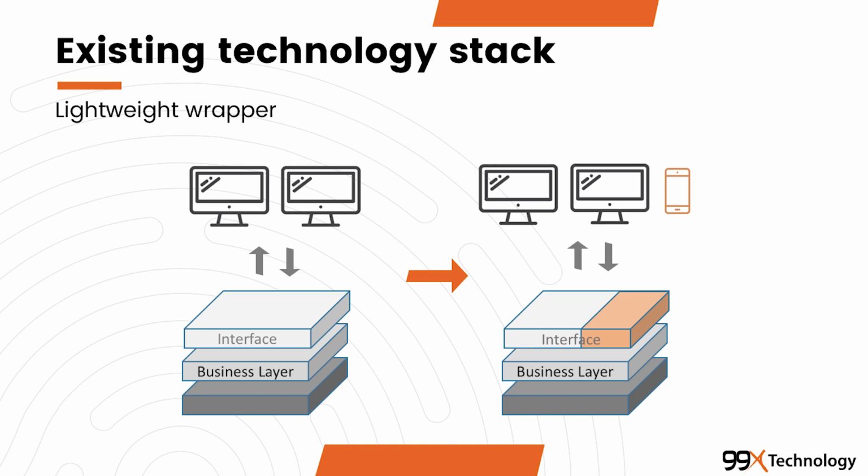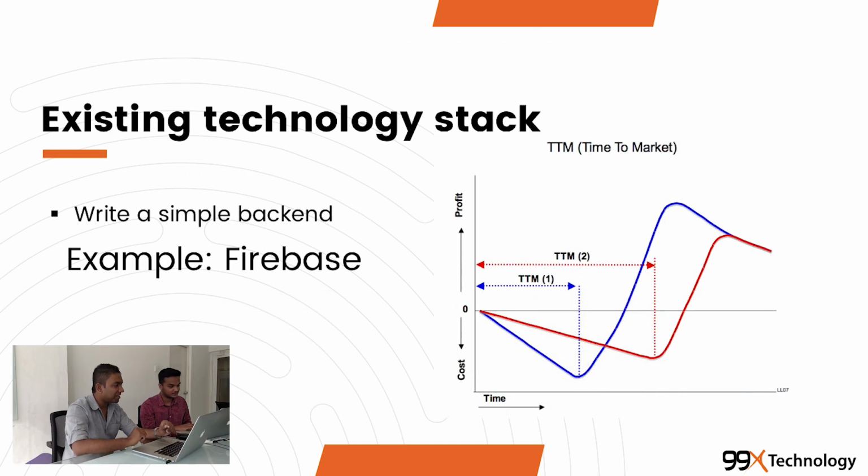And you might be lucky that you don't have an existing web or rather any backend at all, so you don't have any of these complexities. Okay. Then, if you want to go ahead with a mobile application for your enterprise system to sit parallelly, what you can do is start creating a simple backend using something like Firebase, which allows you to create a suitable backend really fast for the basic use cases.